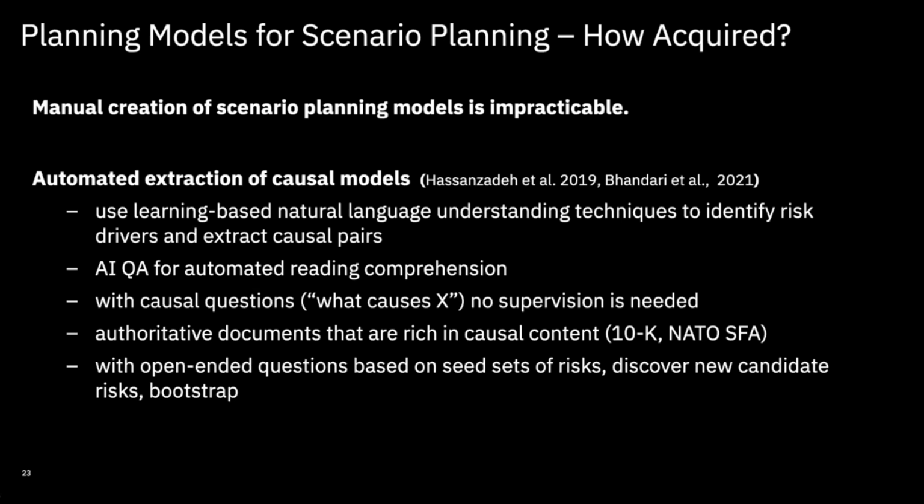So best solution to date is as follows. We use learning-based natural language understanding techniques to identify risk drivers and extract causal pairs. We use AI question answering for automated reading comprehension by asking questions such as what causes X. This is best done using authoritative documents that are rich in causal context, for example 10K reports or NATO SFAs.